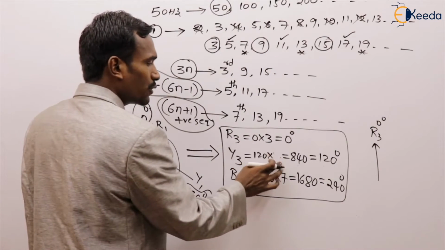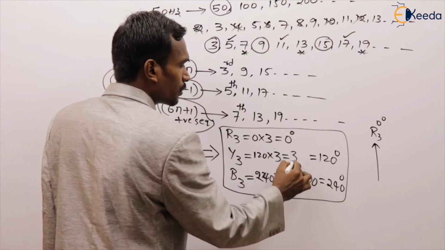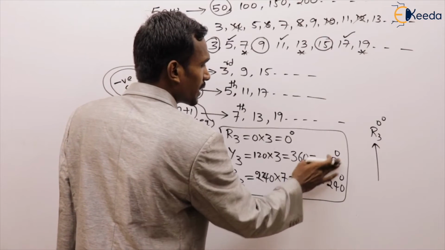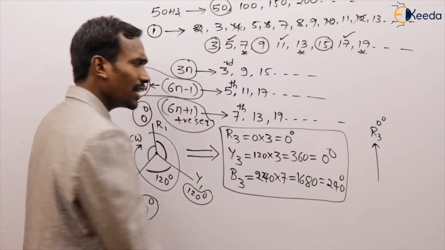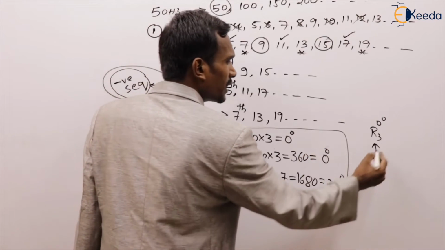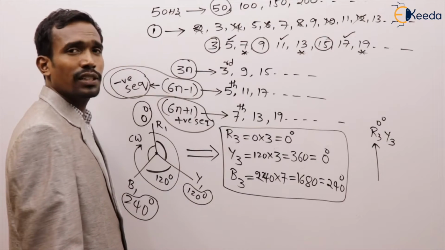Next, 120 into 3 is 360, which is 0 degrees. So Y3 is also here, at 0 degrees.